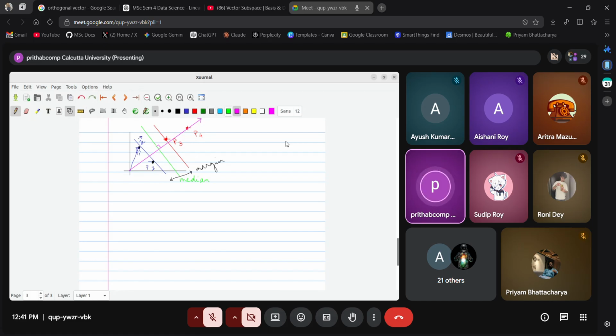This thing is called W, so it is a vector. Now I am drawing a projection of U on W, in pink.